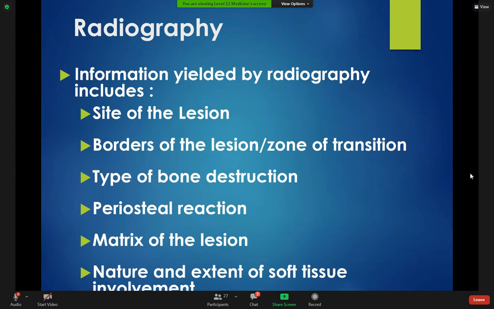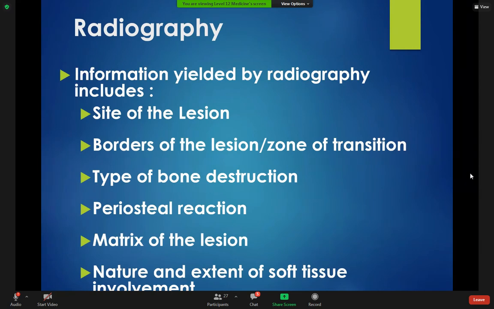If the lesion has sharp, clear edges, most likely it is a benign tumor because it takes longer time for the borders to become sharp and very clear. But if the borders are hazy, they call it a wide zone of transition.